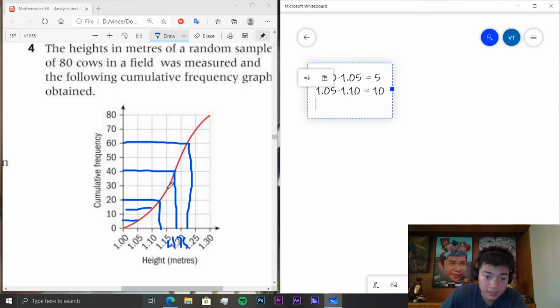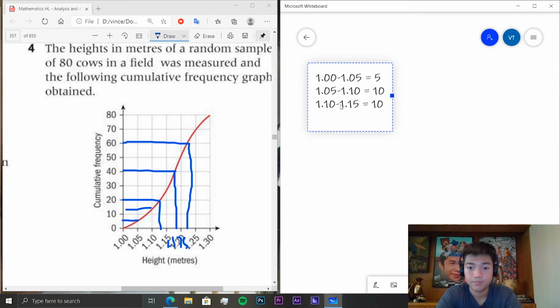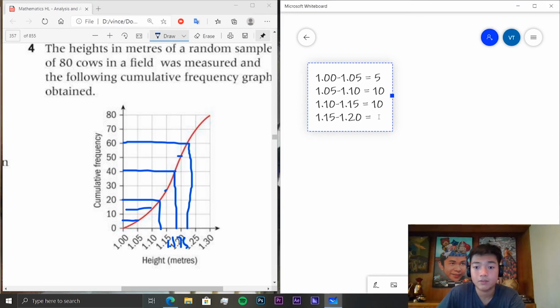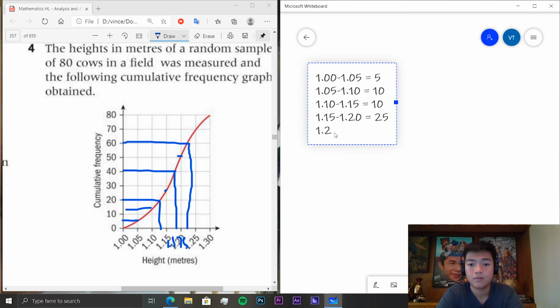So what's 1.10 to 1.15? I'd say that's maybe just around there, 25-ish. 1.15 to 1.20. 1.20 is at 50, so we're going from 25 to 50, so it's a good 25 units. 1.20 to 1.25, so 70 to 50 is around 20 units.